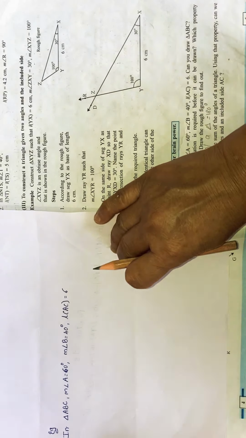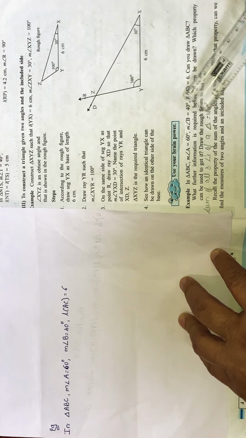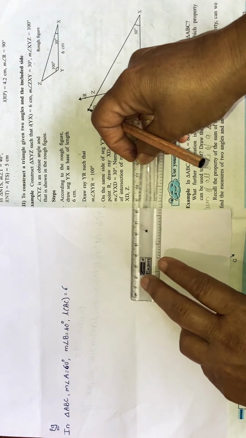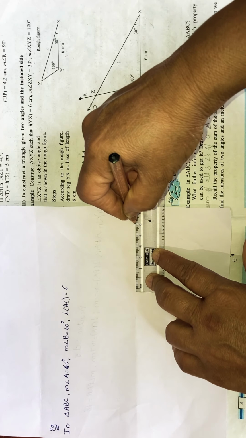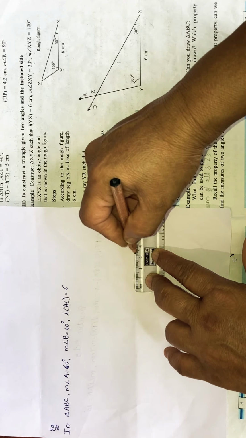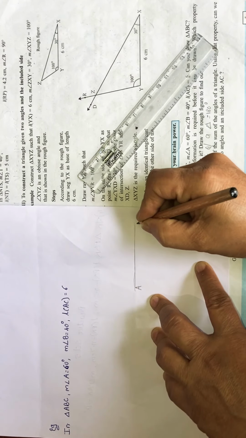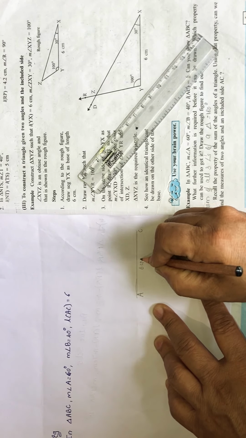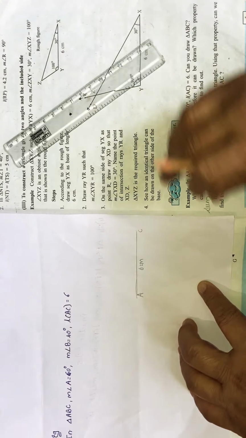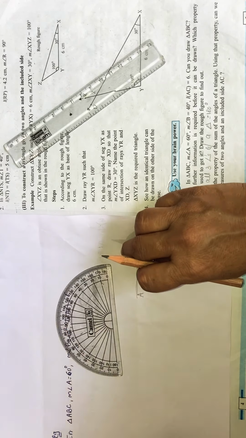So let us draw a rough figure of this. Let the base AC be 6, suppose. So let's draw the base AC as 6 centimeters. Now measure of angle A is 60 degrees.